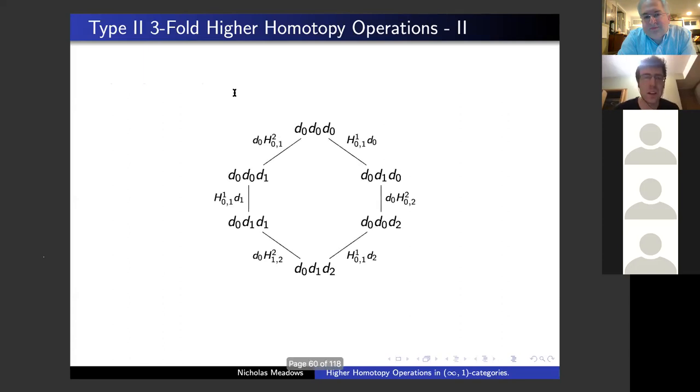So what I can think of is, if I can fill in this map from the boundary of a hexagon to an actual map from the full hexagon, not just its boundary, then this homotopy commutative diagram becomes a homotopy coherent diagram.